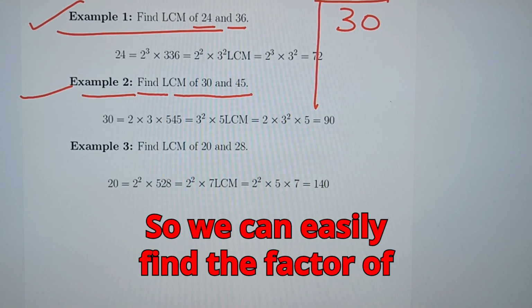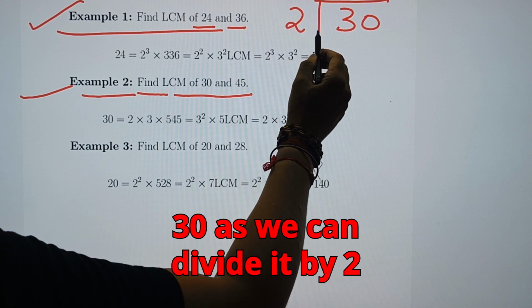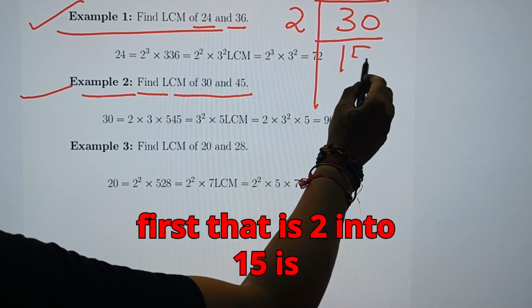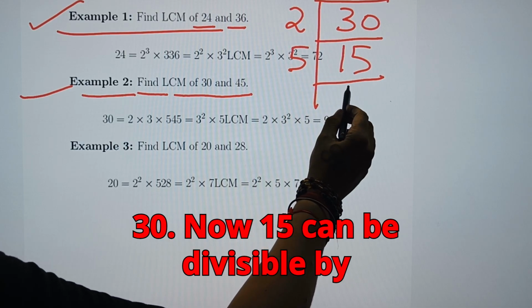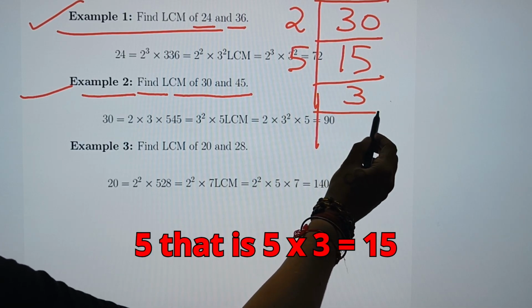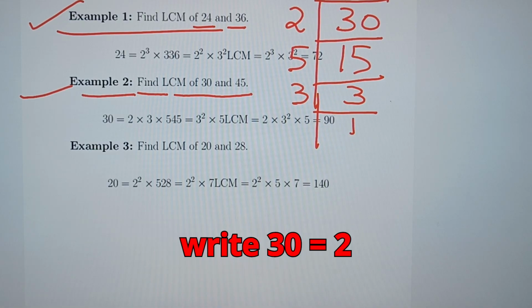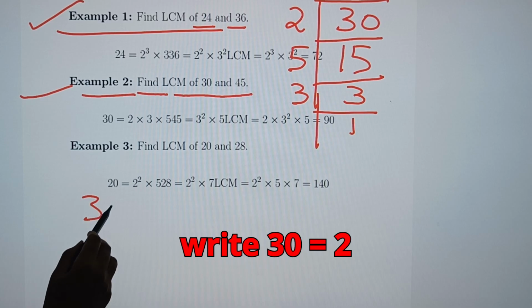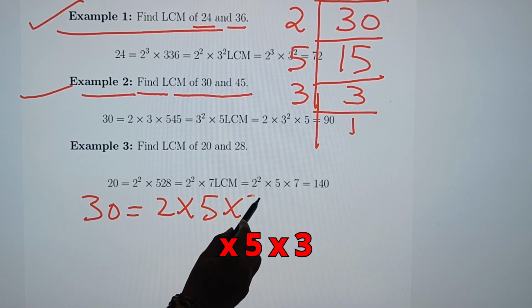We can easily find the factors of 30 as we can divide it by 2 first, that is 2 into 15 is 30. Now 15 can be divisible by 5, that is 5 into 3 is 15. Now 3 divided by 3 is 1. Now we can write 30 equals 2 into 5 into 3.